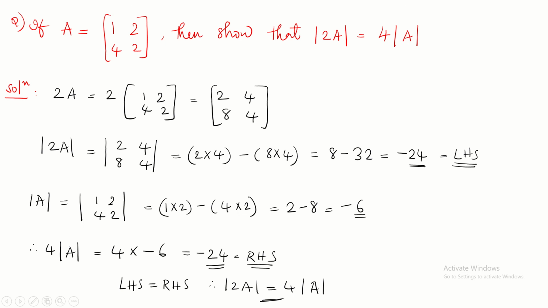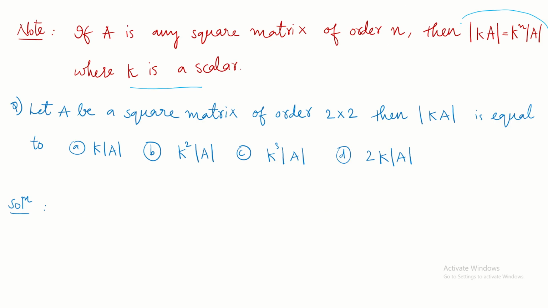Determinant of kA is equal to k power n into determinant of A. So here I have a question based on this note. Let A be a square matrix of order 2 by 2. So this is your n, which is said over here, order n. So here the order is 2.